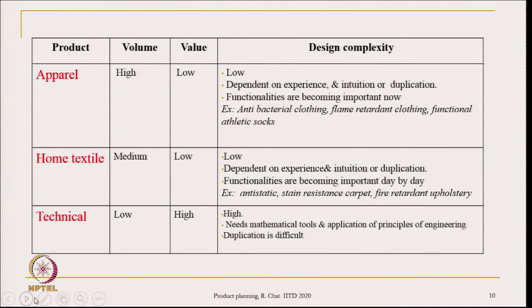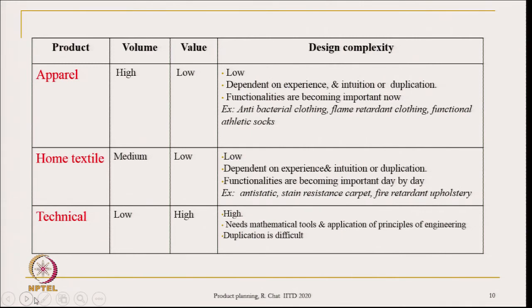The other part is technical textiles, they are low in volume. So, their total amount that is produced is still very low in comparison to the apparel production or home textile production, but value wise they are very high. So, they are very costly in comparison to apparel and home textiles, and there is a lot of design complexity.